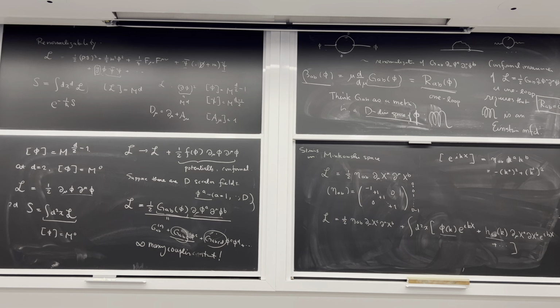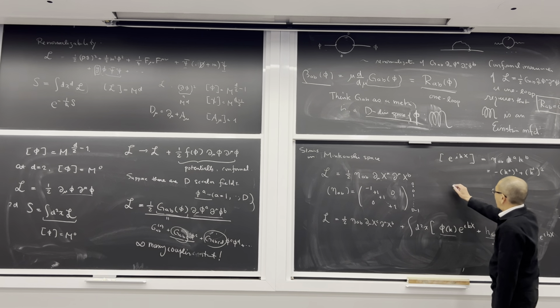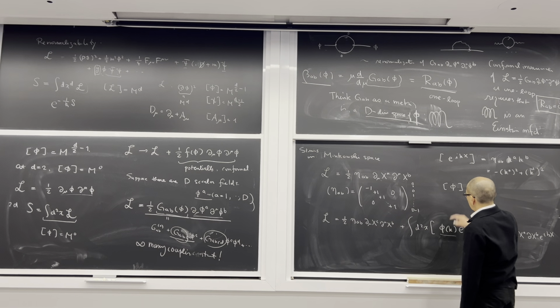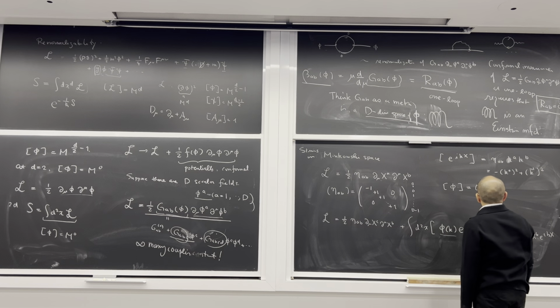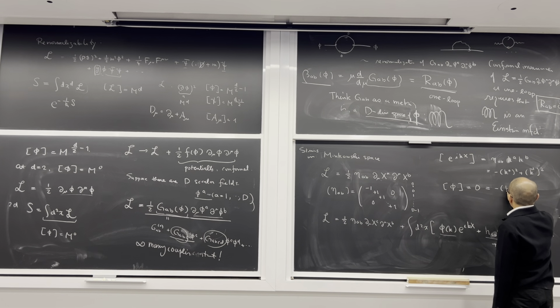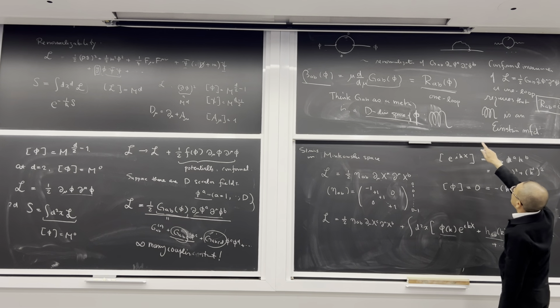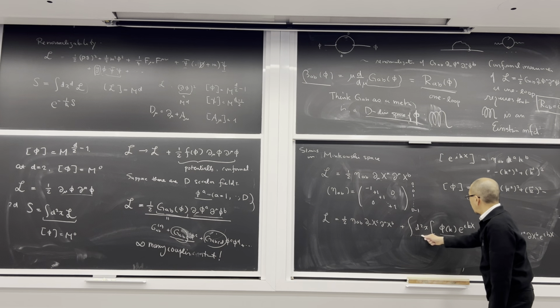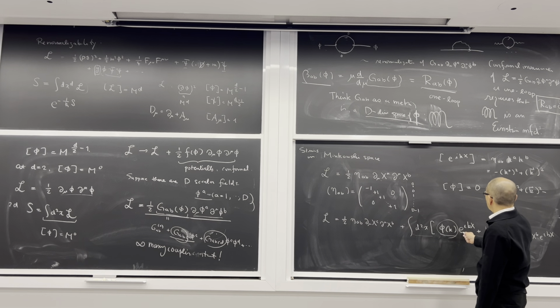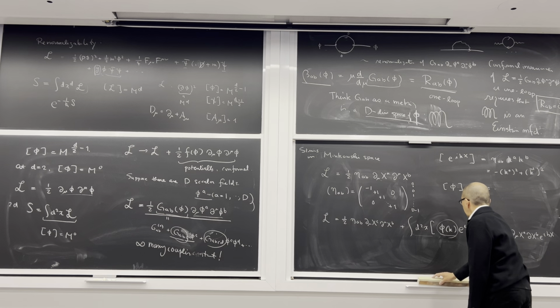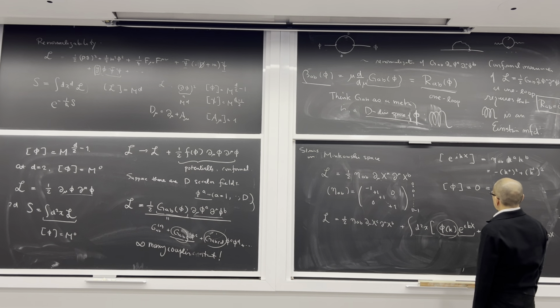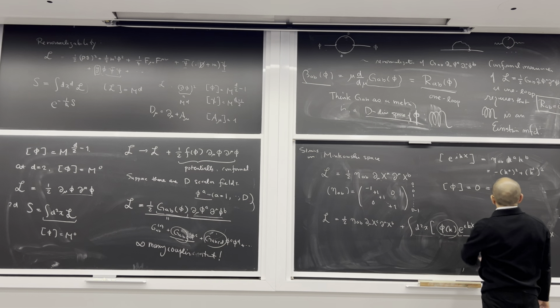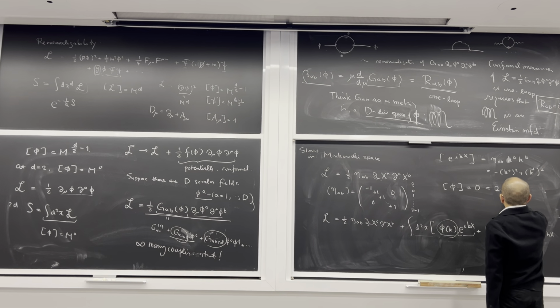So in order for this perturbation to be conformal, you require this to be... if this is the conformal dimension, then the condition is that the mass dimension of this is 2 minus the conformal dimension.